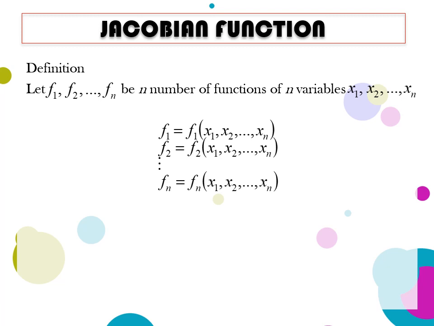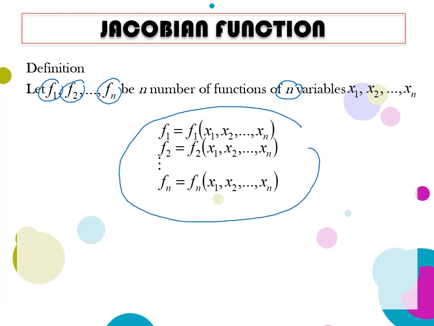So we have n numbers of functions, and each of these functions is depending on n variables. So here f1 is depending on x1, x2 until variable xn. Same goes to f2 until fn. So this will create a system.